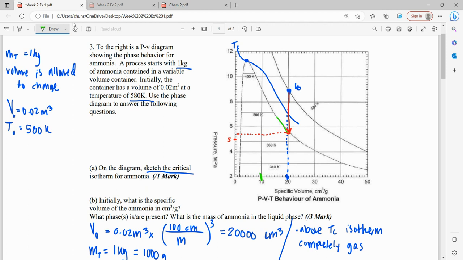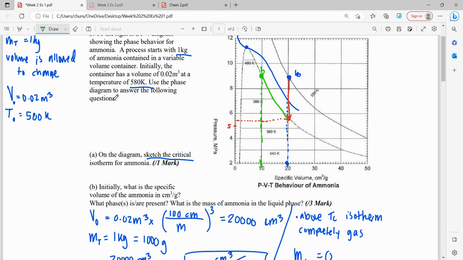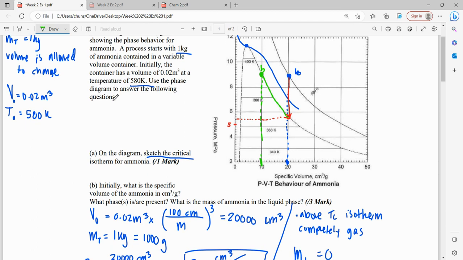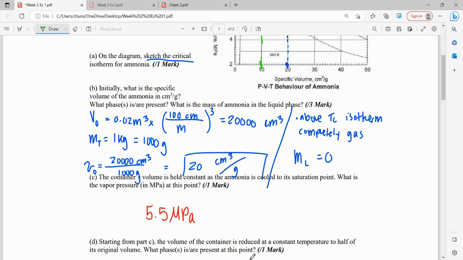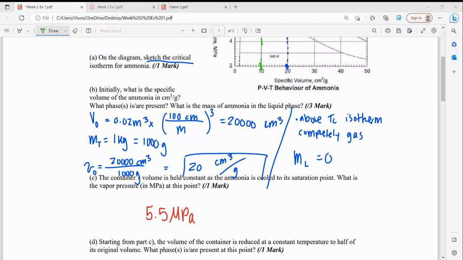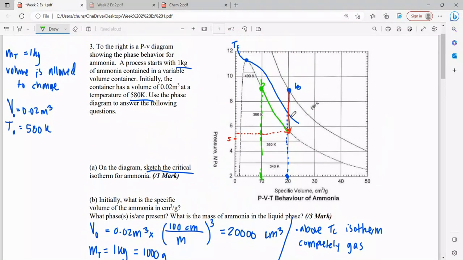So we're decreasing our volume, but we're at the same temperature. Sorry, I was also doing this part wrong.